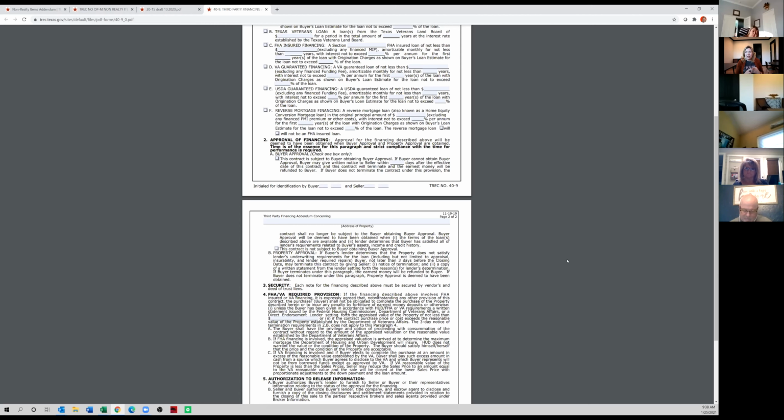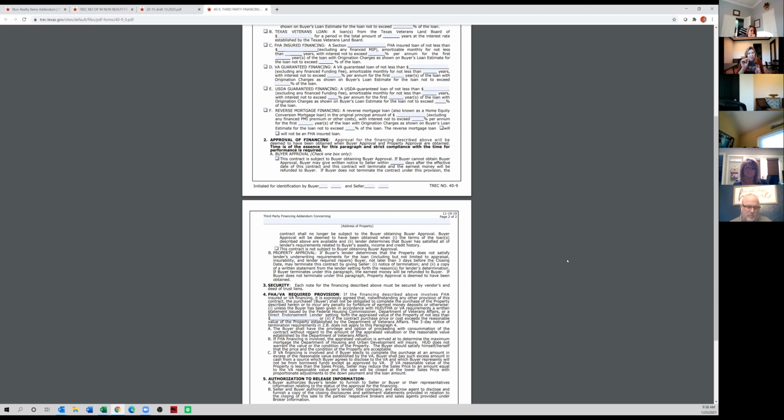If buyer does not terminate the contract under this provision, the contract will no longer be subject to the buyer obtaining buyer approval. Buyer approval will be deemed to have been obtained when, number one, the terms of the loan described above are available, and two, the lender determines that the buyer has satisfied all the lender's requirements related to buyer's assets, income, and credit history.